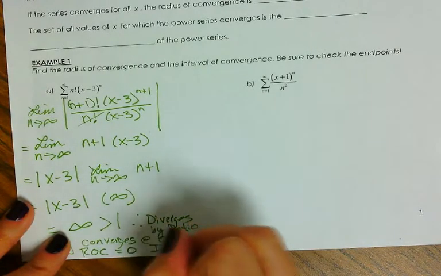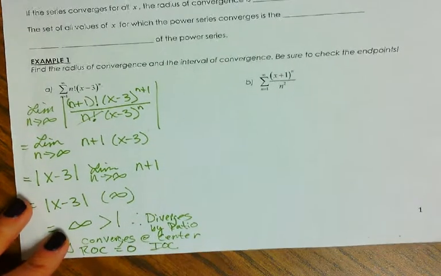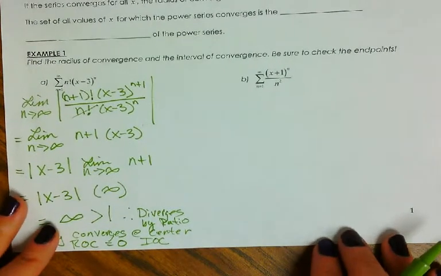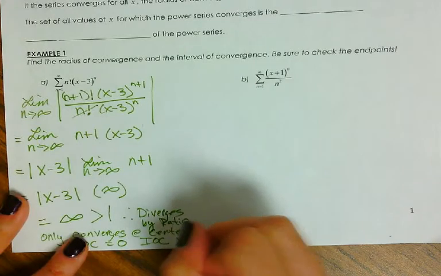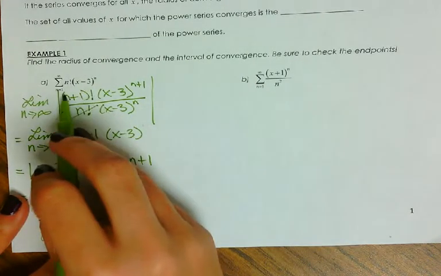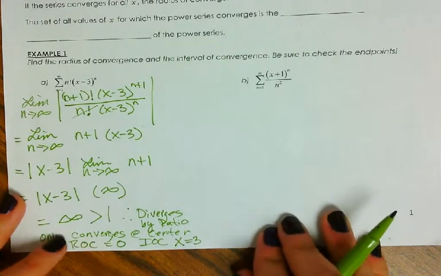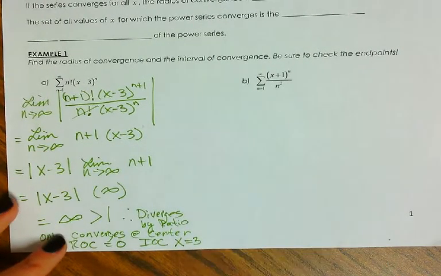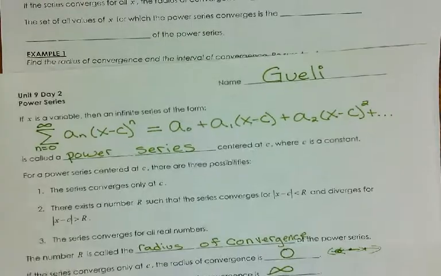In your interval of convergence, the set of x values for which this converges is actually not really a set. It's really just x equals 3 because that was the center.